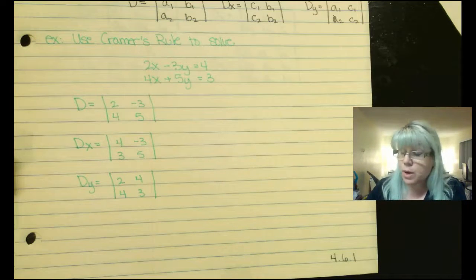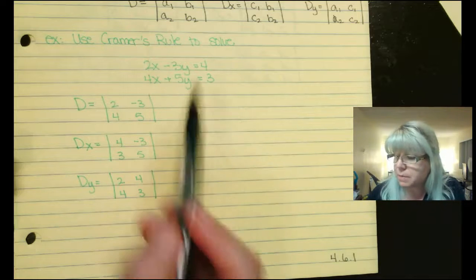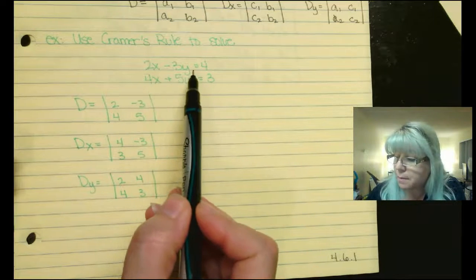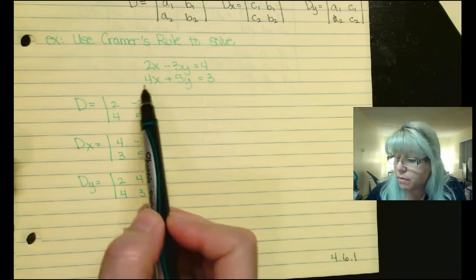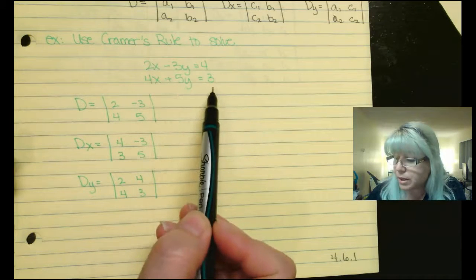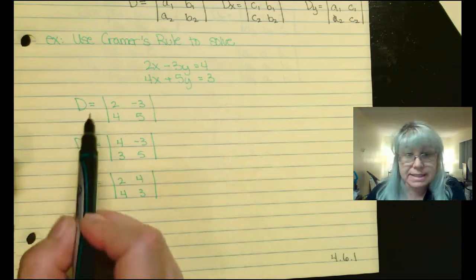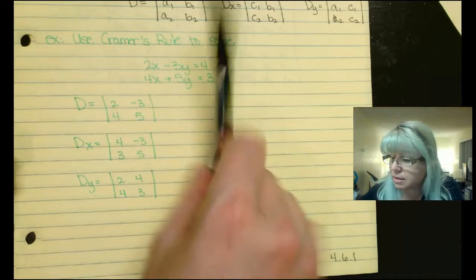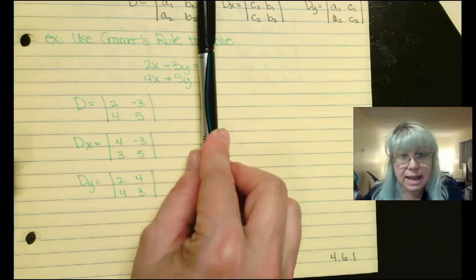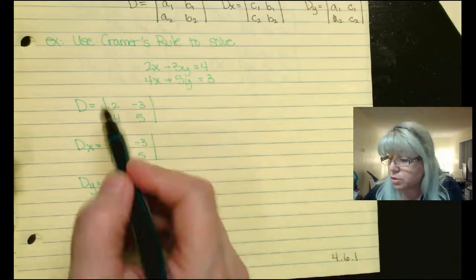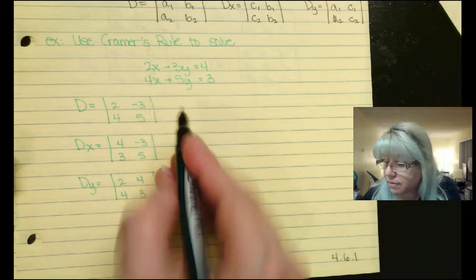All right, let's use Cramer's rule to solve the system 2x minus 3y equals 4, 4x plus 5y equals 3. First we need to calculate d, which is cover up the constants, and it's the coefficients of the variables: 2, 4, negative 3, 5.